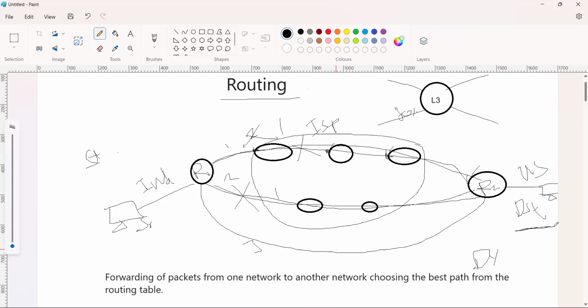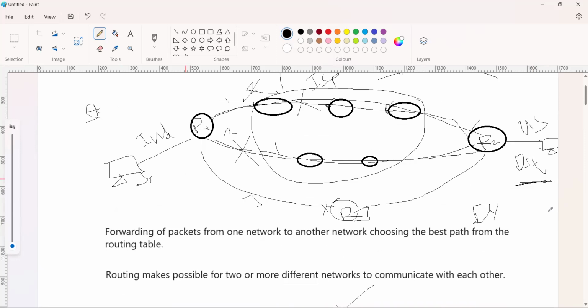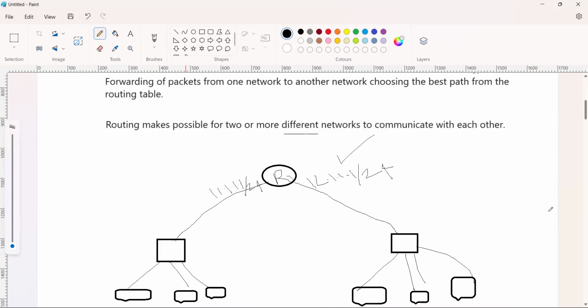If we have only one path, with only one router in between, assume this is R1 and R3, and R3 and R2, then we can easily configure it. If you don't know this interface, even if you know the destination IP address, it won't work. We have to know each and every interface's IP address. Then only it will work.